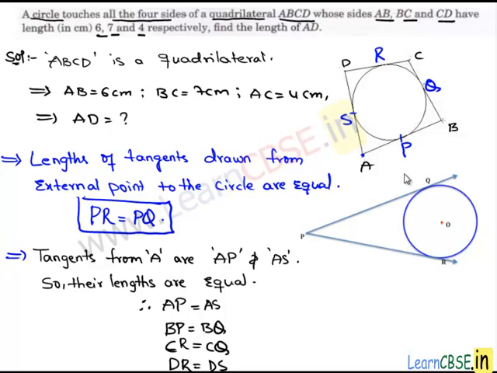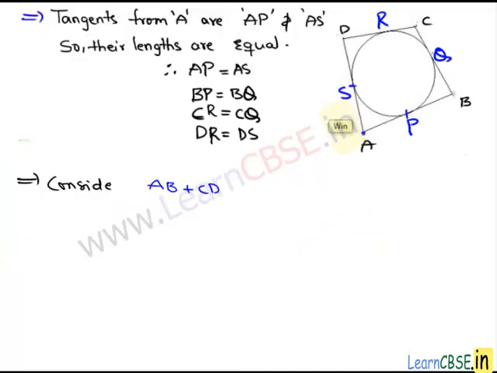Now consider the sum of any 2 opposite sides. It may be AB, CD or AD, BC. So we consider the sum of AB and CD. We can write AB as the sum of AP and PB, and similarly CD as the sum of CR and RD. Here AP is equal to AS, so we substitute, and BP is equal to BQ.